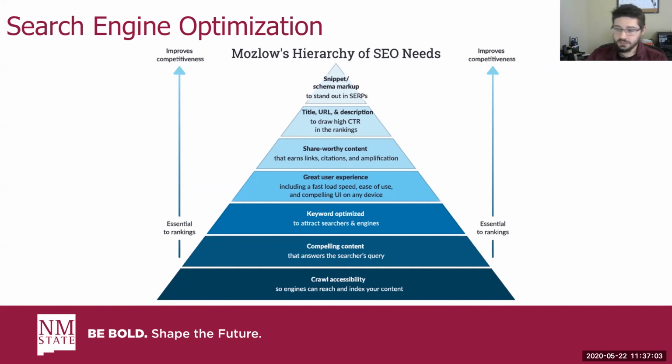You go through these exactly in the order we went through. The next is the compelling content. Is your content actually answering things people are looking for? Is it optimized to attract the searchers as well as search engines? Does it load fast? Are people actually staying on your site, or are they just bouncing right off? Do you have content that people are sharing so more people can find your site?